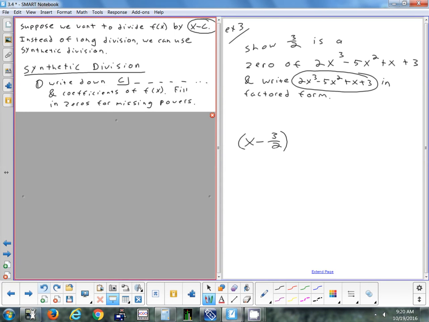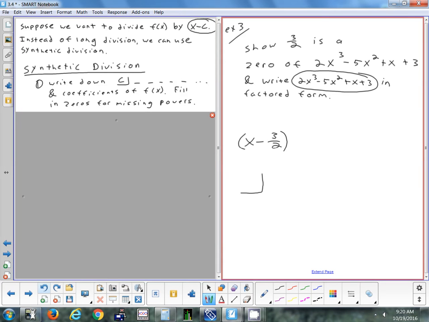Okay, first thing you have to do is put down the number that comes after the minus sign, in the bracket that I just made like that. So let's do that. Make a bracket and put down the number that comes after the minus sign. So in my problem, what am I trying to show is a root?